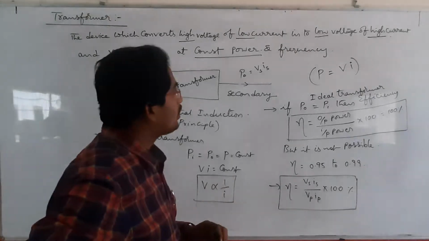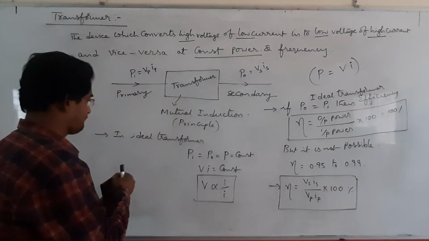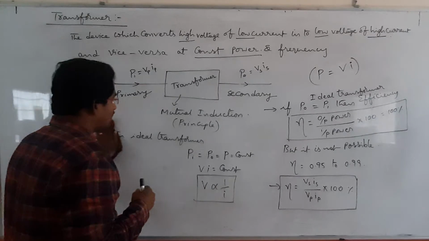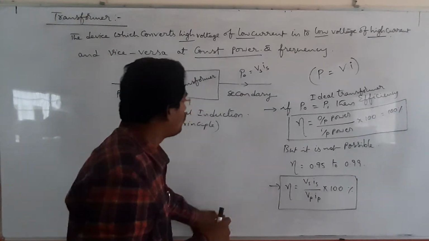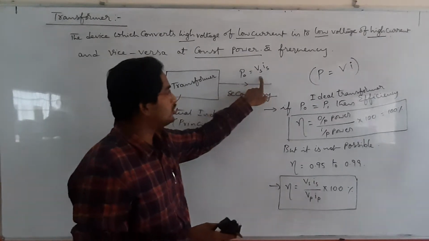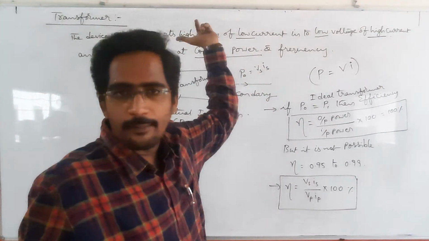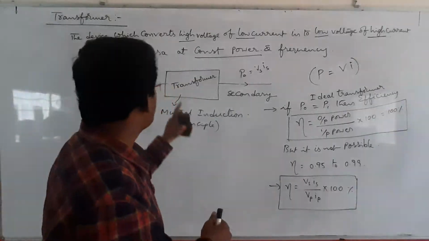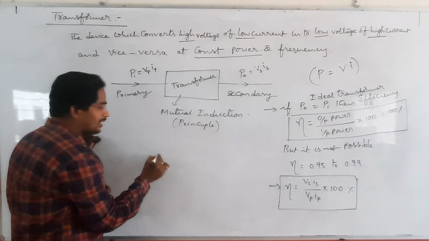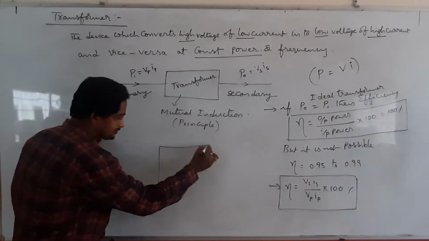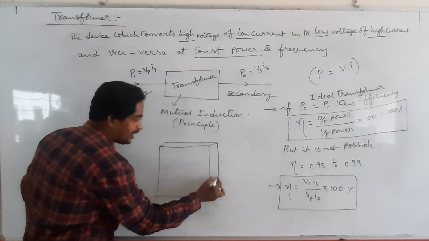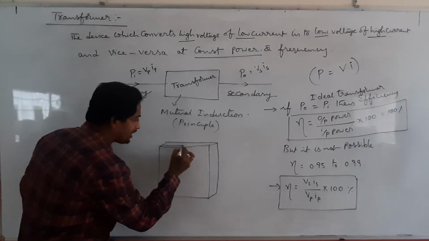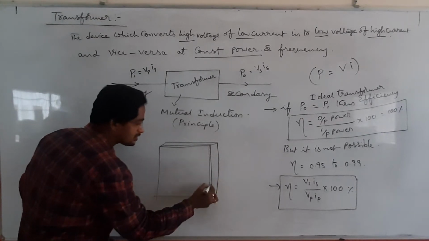Next, I would like to write down the voltage value in the secondary circuit and the voltage value in the primary circuit. You know, in the transformer normally there is a coil like this. It is a laminated metal core, as I said in the eddy currents topic.